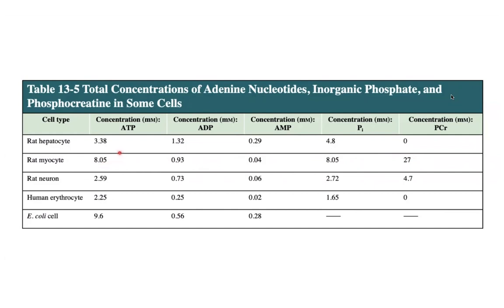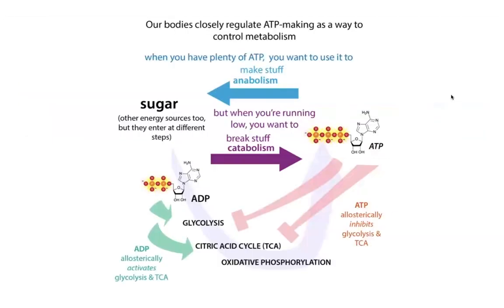But in a blood cell, basically an erythrocyte, they have a lower concentration of ATP. They don't need to be doing all that energy making stuff, and so they have lower concentrations of these, none of the phosphocreatine.